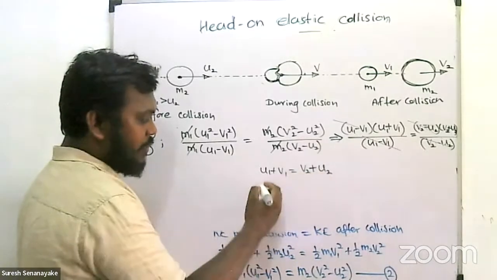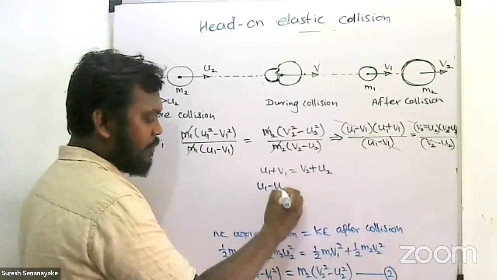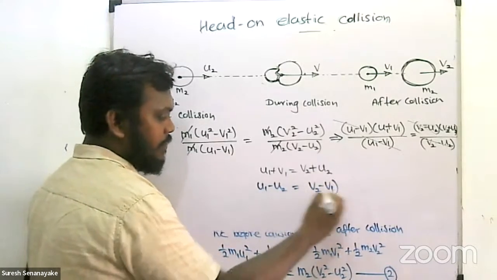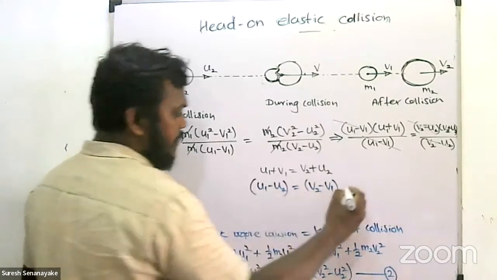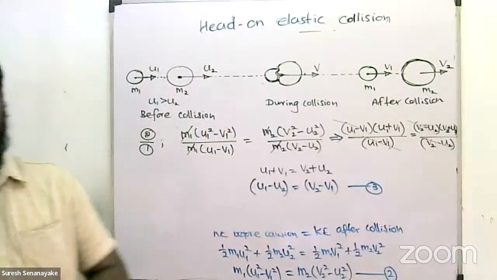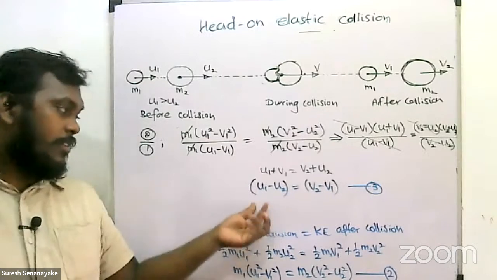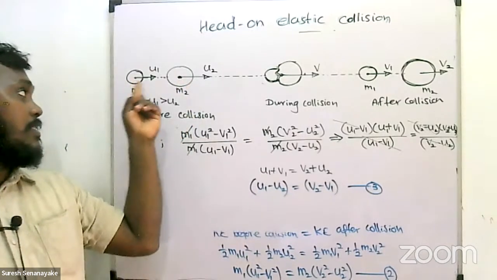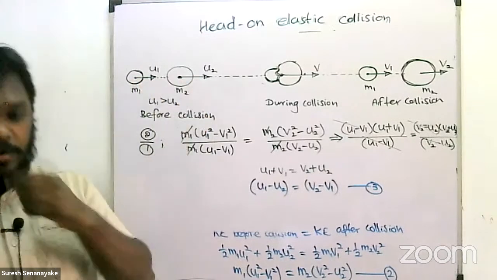Now take this v2 to this side, that's u1 minus u2, and v1 to the other side, that's v2 minus v1. The third equation. You can write this equation for an elastic collision only, right? So what is u1 minus u2? That is the velocity of the first body with respect to the second body.